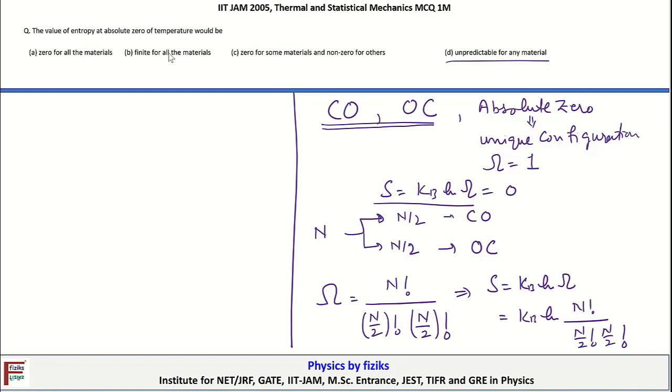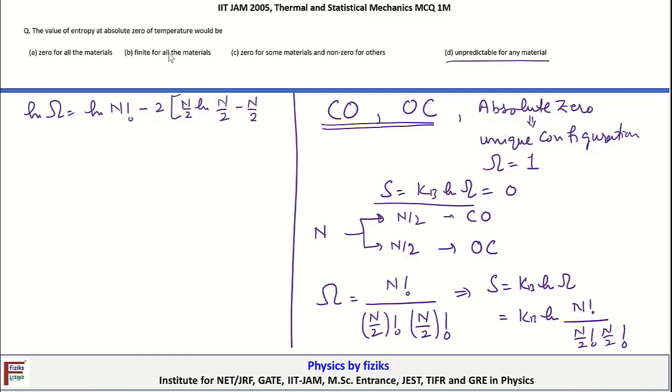Now let's try to evaluate this quantity, the logarithm of the microstates. ln omega is equal to ln N factorial minus 2 times N/2 ln N/2 minus N/2.